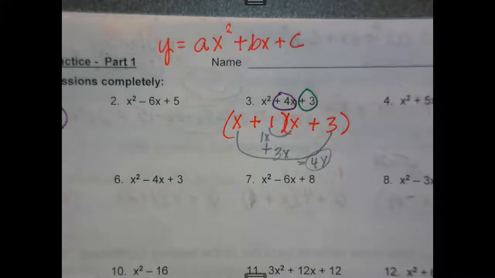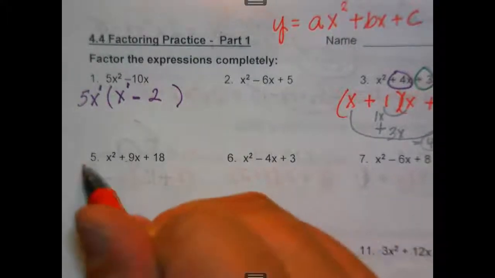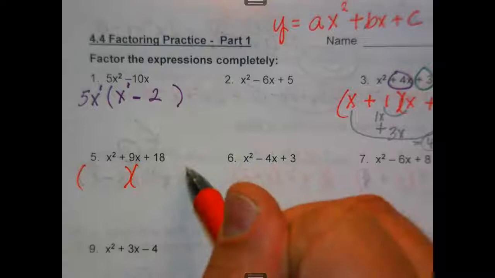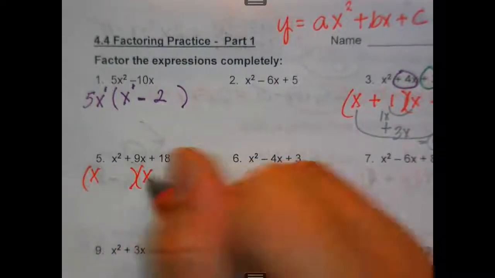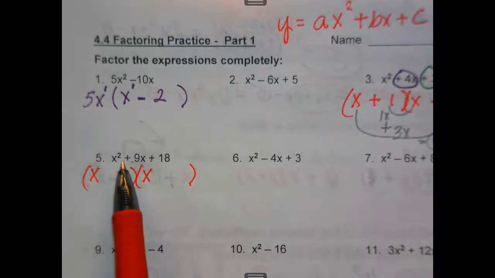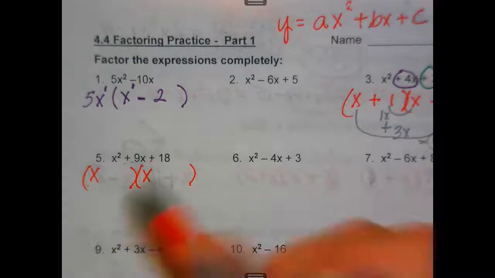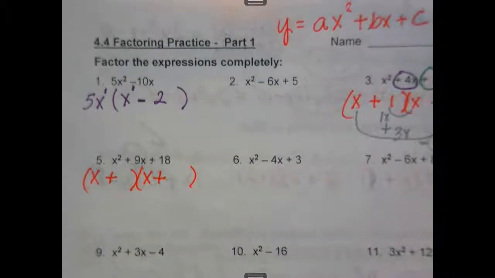All right, what am I doing now? Number 5. A is 1, so I'm going to go right into my x times x. Two numbers that multiply to a positive and add up to a positive, so my signs are positive, positive, or plus, plus.